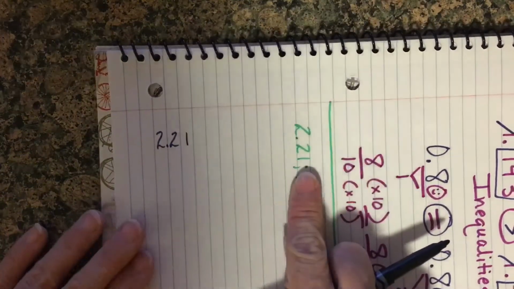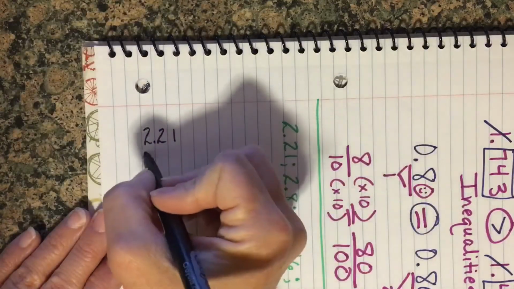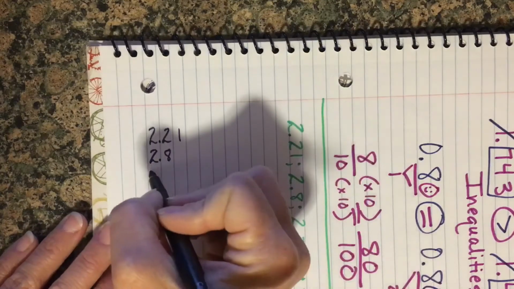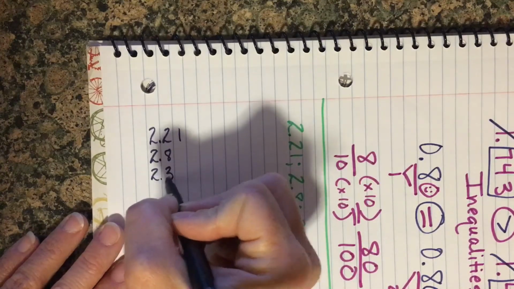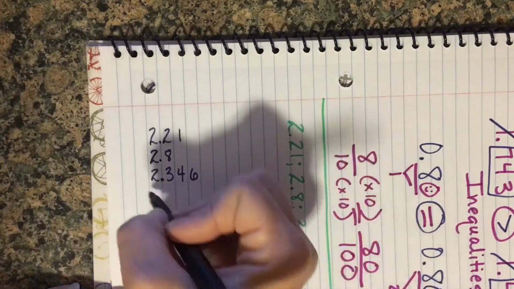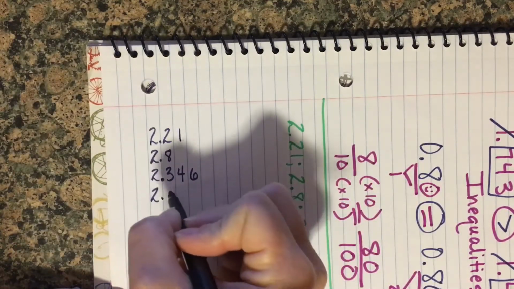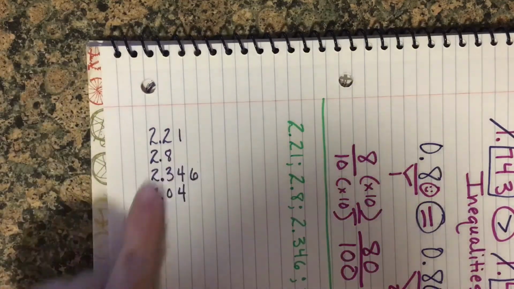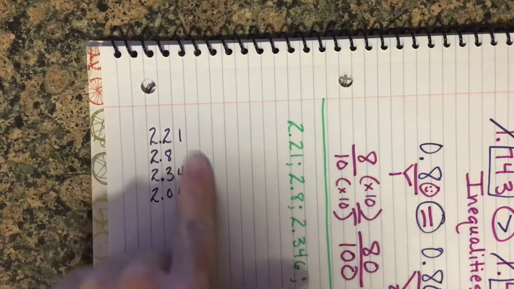I've got 2 and 21/100. I've got 2 and 8/10. I have 2 and 346 thousandths. And I have 2 and 400ths. So you'll see here, I've got a lot of empty spaces here.